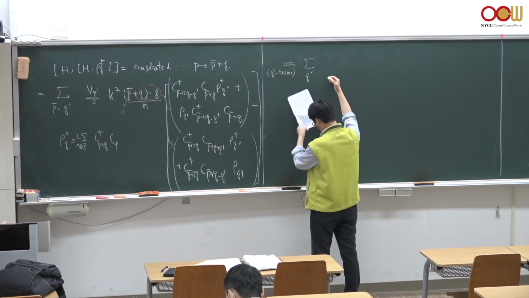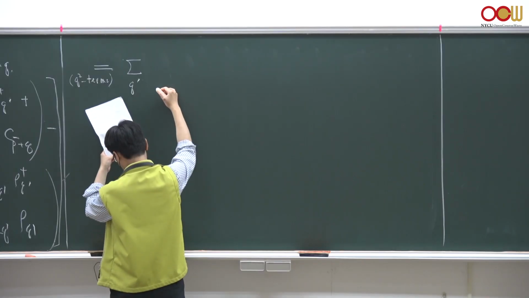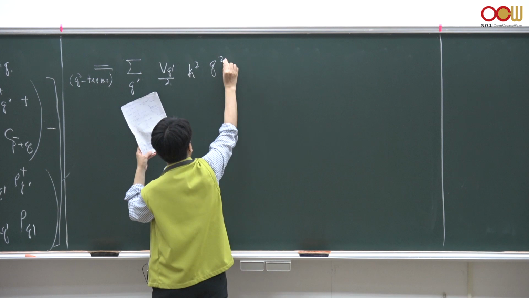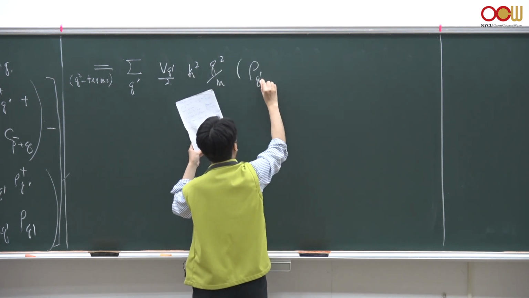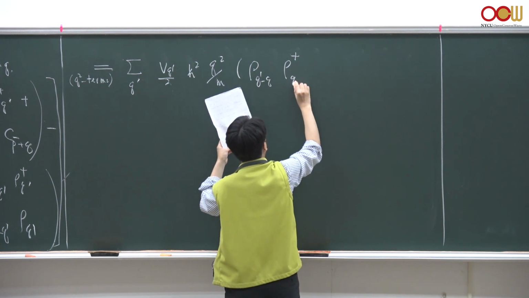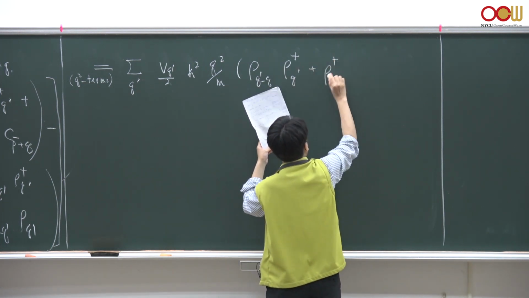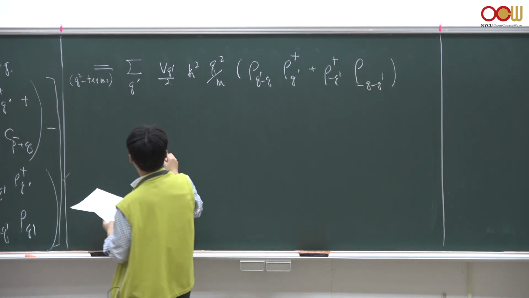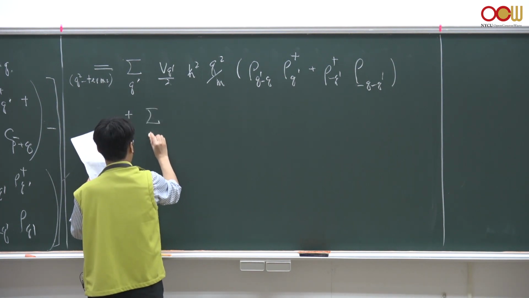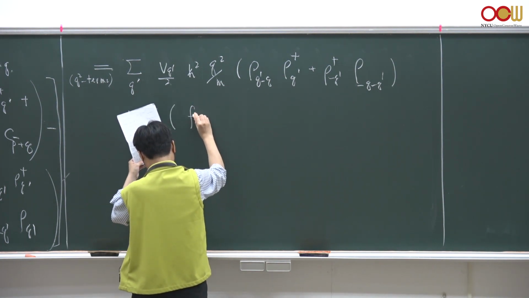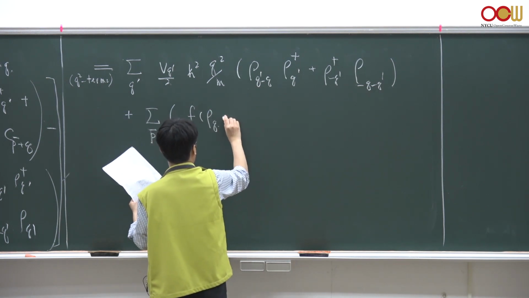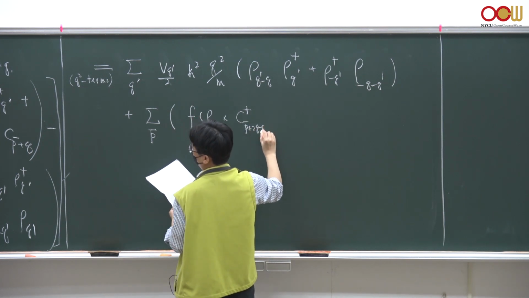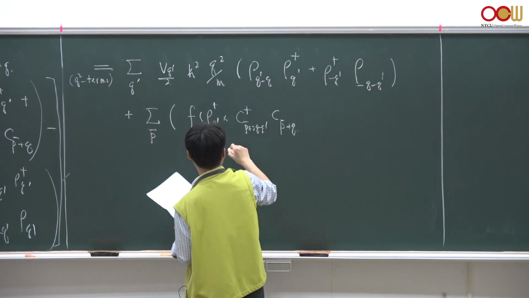And from the definition of this rho of q, we immediately see this V q prime over 2 h bar squared, q squared over m, rho q prime minus q rho dagger q prime plus rho dagger minus q prime rho minus q prime, and plus summing over p bar, a complicated function of rho q times c dagger p bar plus 2q q prime c p bar plus q, something like this.